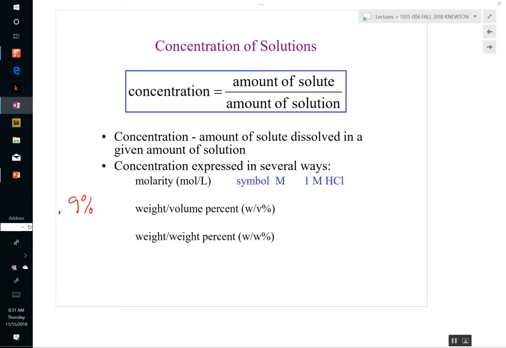In the laboratory, we're mostly dealing with aqueous solutions where we're dissolving a solid in water. So we want to know the weight of the solid, we want to know the volume of the solution. So we go with molarity, moles per liter.